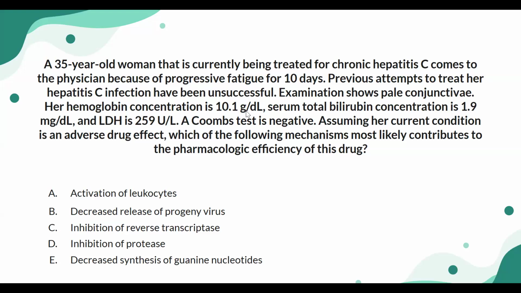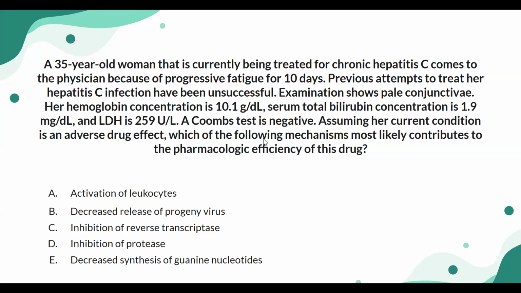There would be some kind of jaundice, and the LDH is usually quite high as well. Exactly. So we're assuming that this is hemolytic anemia. The fact that the Coombs test is negative rules out autoimmune hemolytic anemia, so we're not thinking that. Most likely there's some sort of drug that the patient is consuming for her hepatitis C that is giving us the hemolytic anemia.